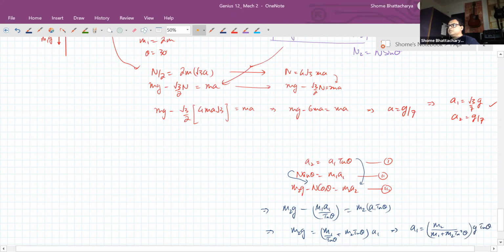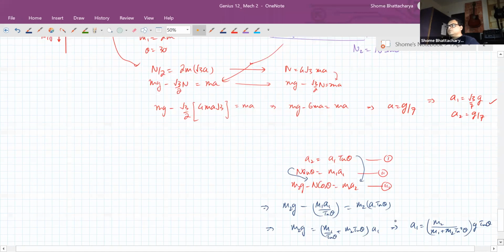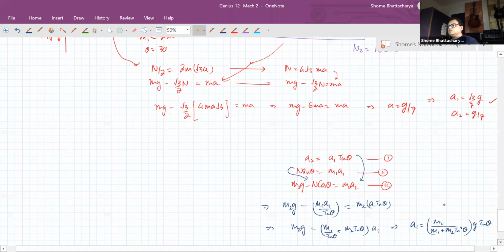Okay. So now let's just check this parametrically. So theta is 30 degrees and M2 is twice of M1. No, M1 is twice of M2.